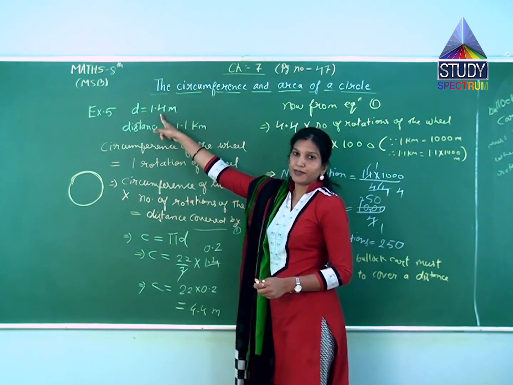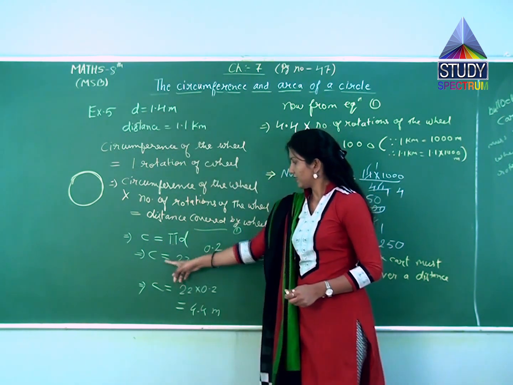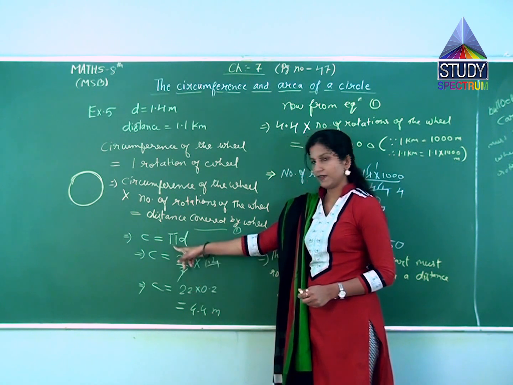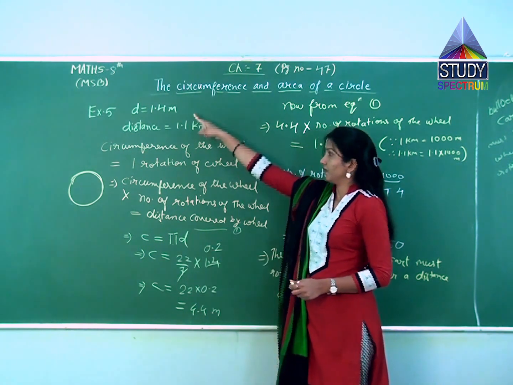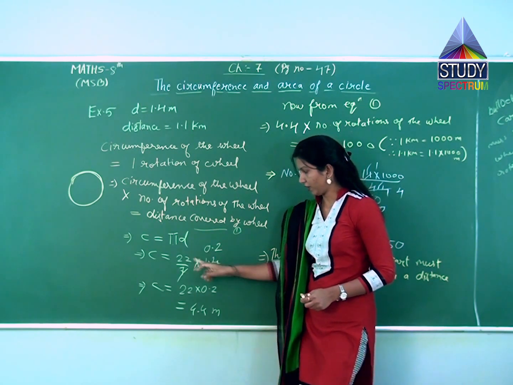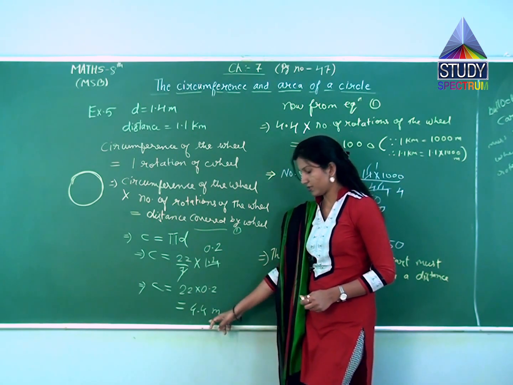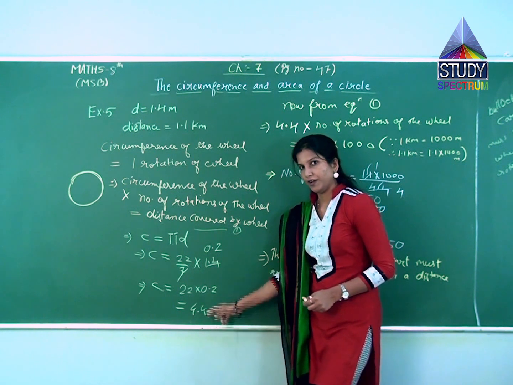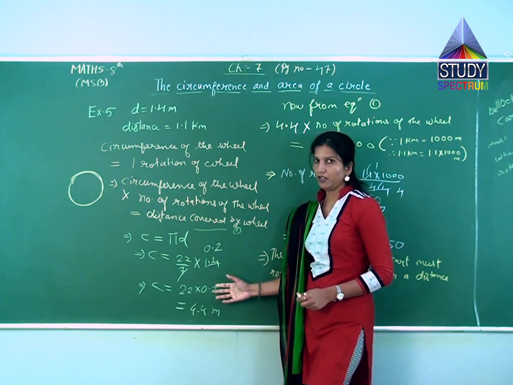Because diameter is given, C is equal to 22/7 instead of pi, and d is 1.4. So 22/7 times 1.4, and 22 into 0.2 is 4.4 meter. Now we have our circumference of the wheel.